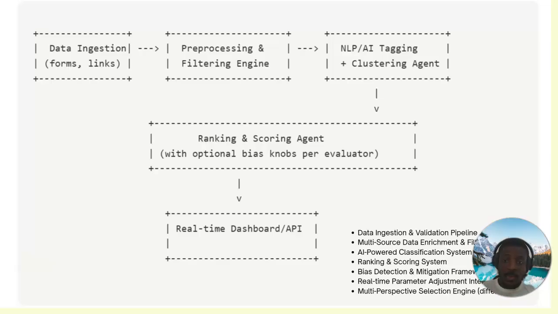The next thing we want to do is apply what we call the NLP AI system or tagging system, but in this place, I'll call it a classification. Here we are creating clusters. So basically, we need a classification system that will classify the various candidates into different pools. Don't forget that we've covered some of this already in our previous videos, right?